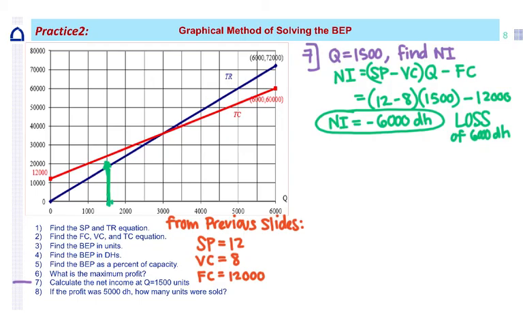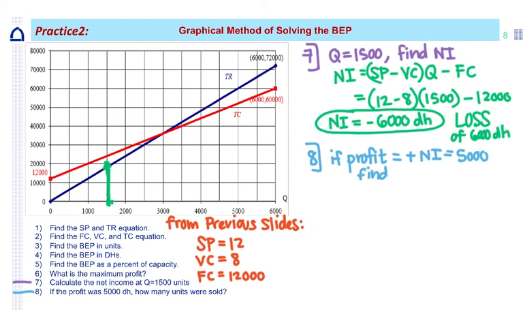All right, let's look at question number 8. It says, if the profit was 5,000. Remember, we don't have a letter for profit. When they say the word profit, that's just the positive net income, and that's 5,000. Then how many units were sold?